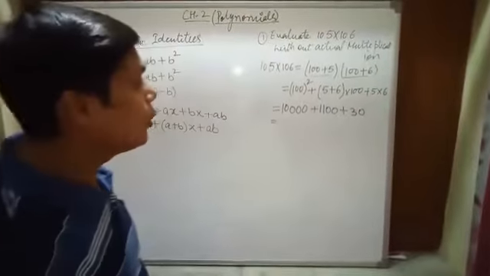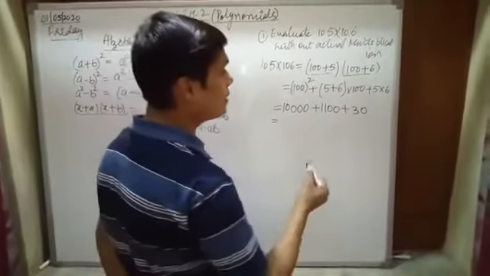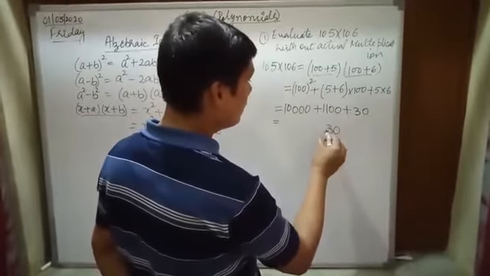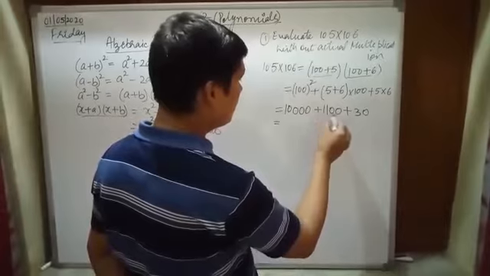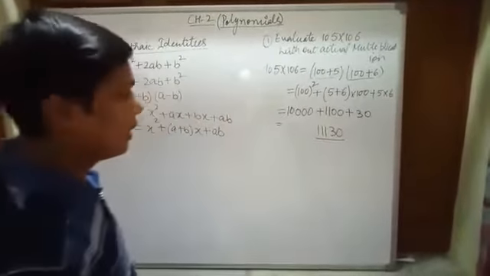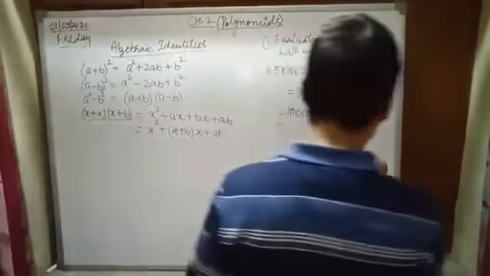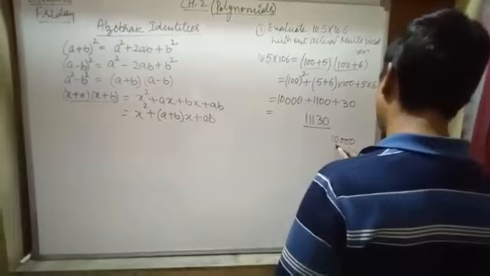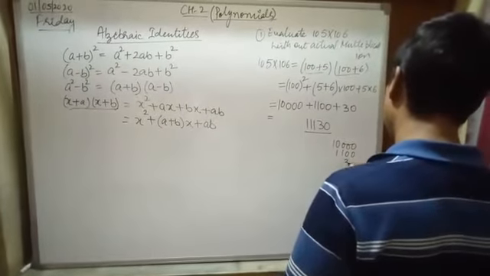Add these three values, we will get the answer. 10,000, 1100 and 30.